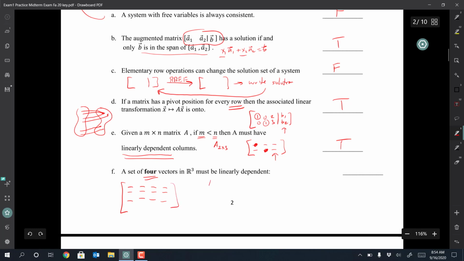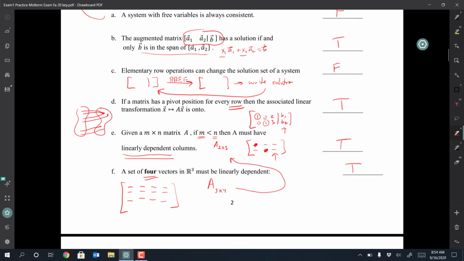So the matrix I generate to test dependence would be a 3 by 4 matrix. And if I look at the previous example, because m is less than n, this has to have linearly dependent vectors. So any set of 4 vectors in R3 must be linearly dependent. True statement. So this is an example of 2 different ways to essentially ask the same kind of thing in a true or false.